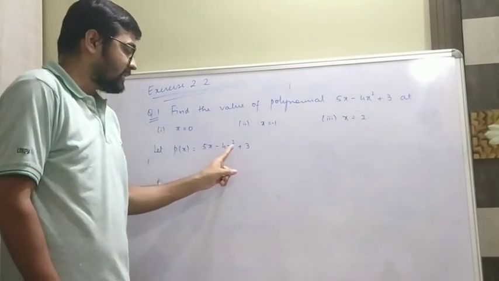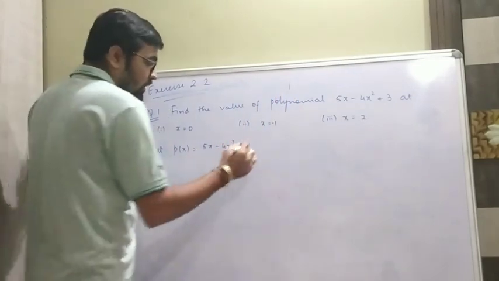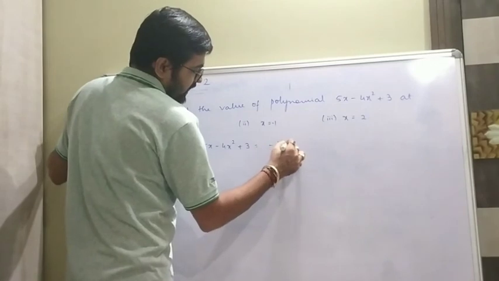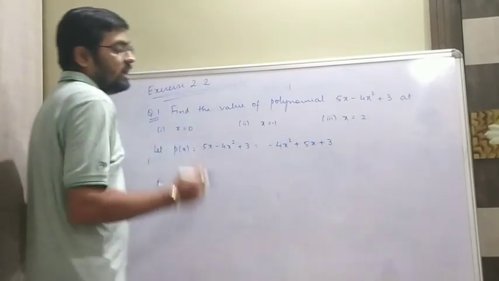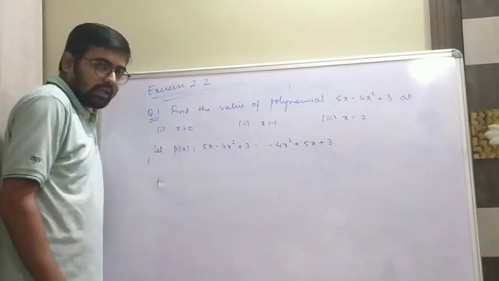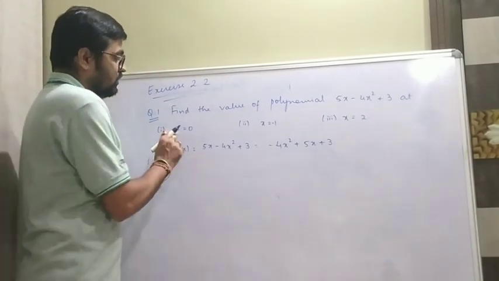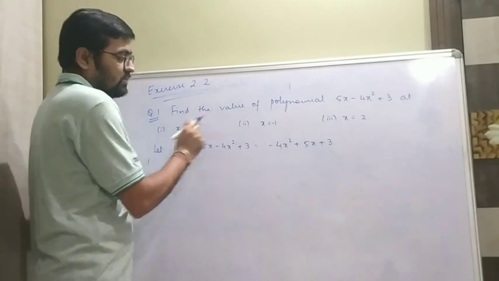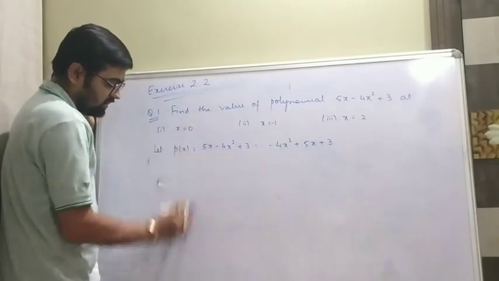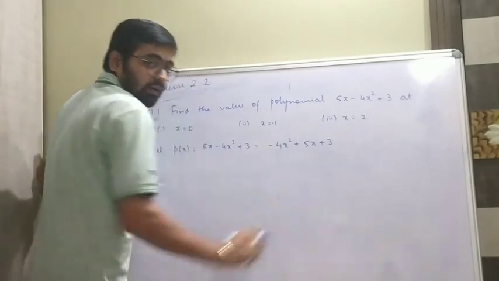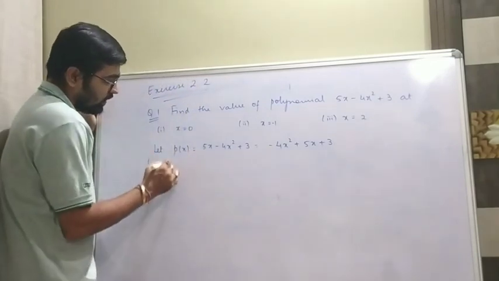Means the maximum power should be the first term. So if I write like that, it becomes minus 4x square plus 5x plus 3. This is how our polynomial should be. Now what are we supposed to do? First we want to replace x by 0, then minus 1 and then 2.